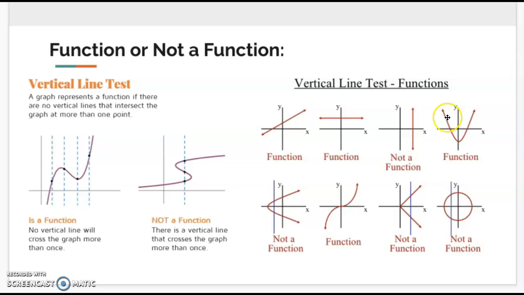Same thing right here, it is a function because if I draw one line, it's only hitting at 1 point. This one would not be a function because it would hit at both of these spots. Not a function because it's going to hit at 2 spots. Same thing here, it's hitting at 2 spots, which means it is not a function.